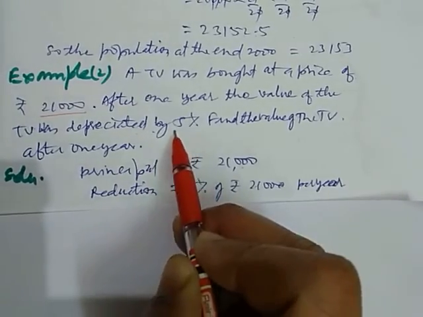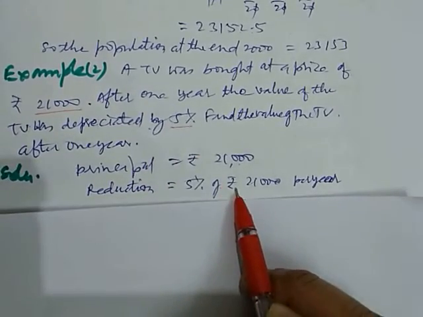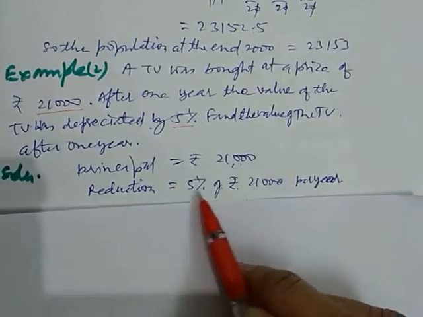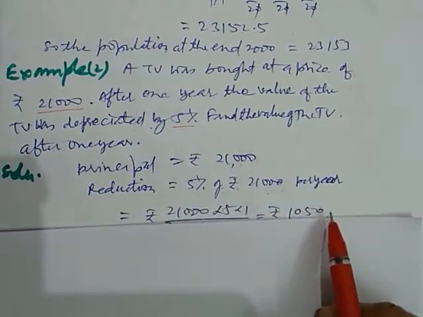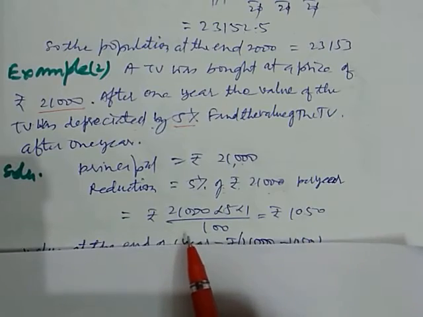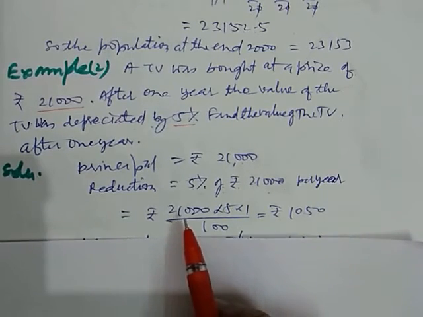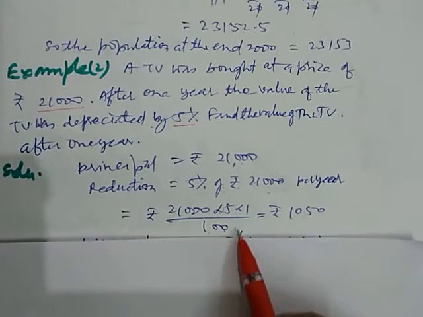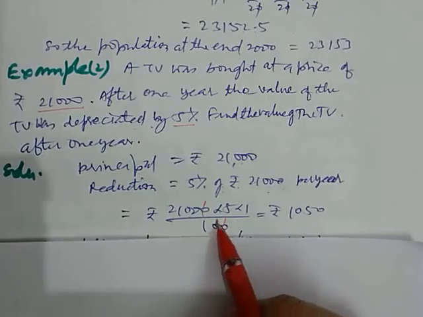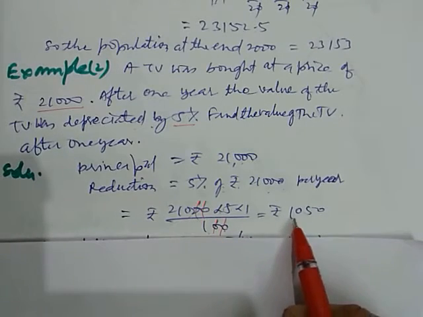Reduction is given here, 5%. So we calculate 5% of rupees 21,000 per year. So this is 21,000 into 5 into 1, because the time is 1, divided by 100. By solving this, we get rupees 1050.